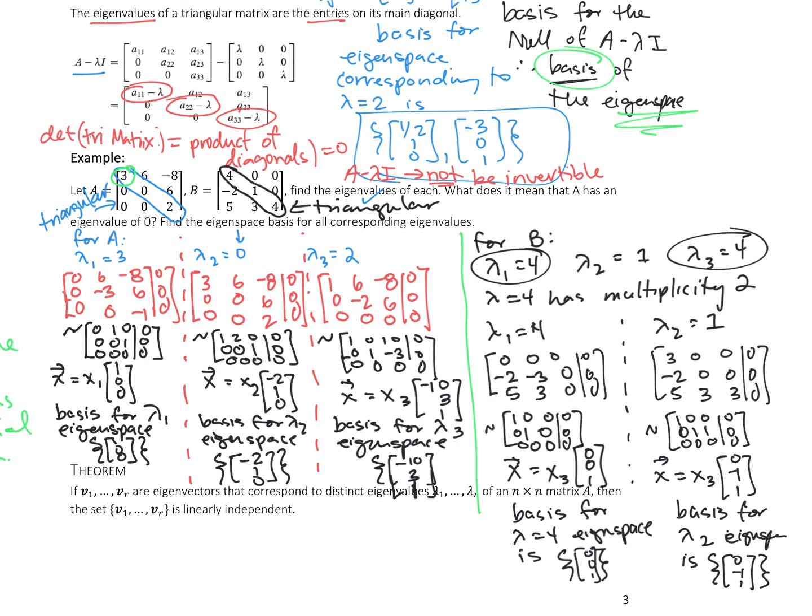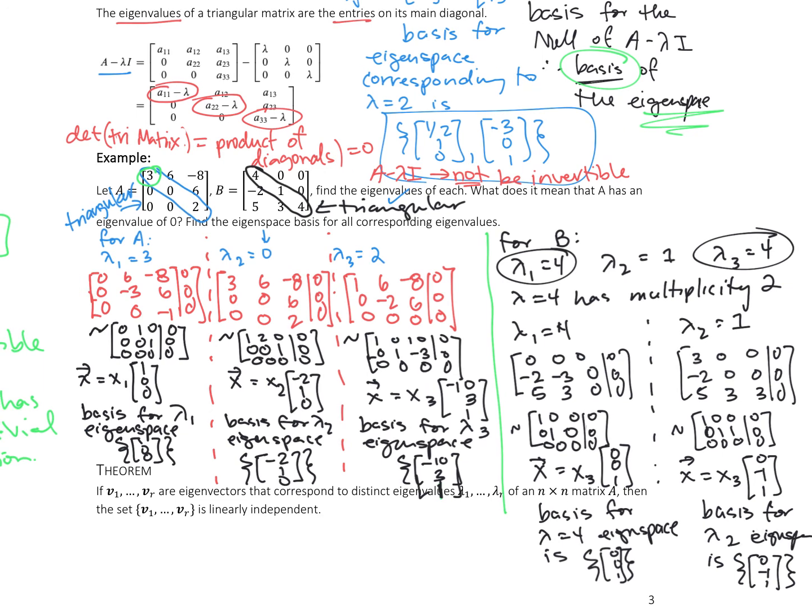So if we think about the vectors that we've gotten, this vector and this vector, because they correspond to distinct and different eigenvalues, are linearly independent.